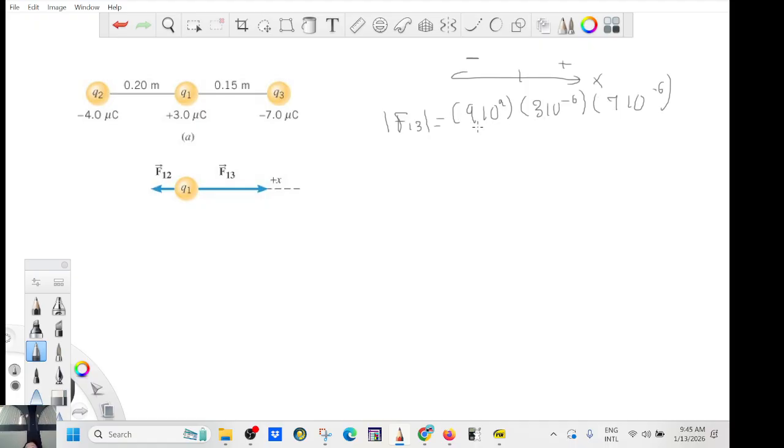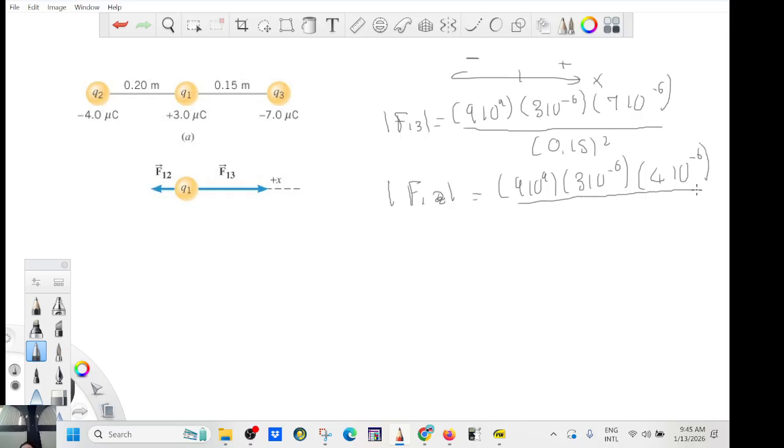I don't care about negative because I'm looking at the magnitude only, and then the distance squared, so 0.5 squared. Okay, so just the magnitude, and then 1 and 2. It doesn't matter if you put 1, 2 or 2, 1 because it's the same force. And that will be 9 times 10 to the 9 and the charge and the charge. And then you take your TI and you have to do it in one shot.